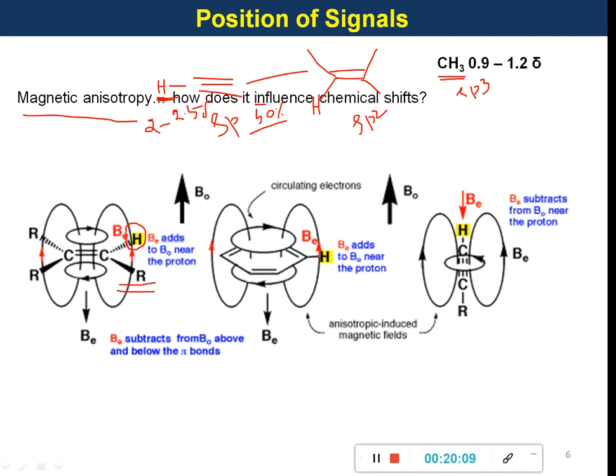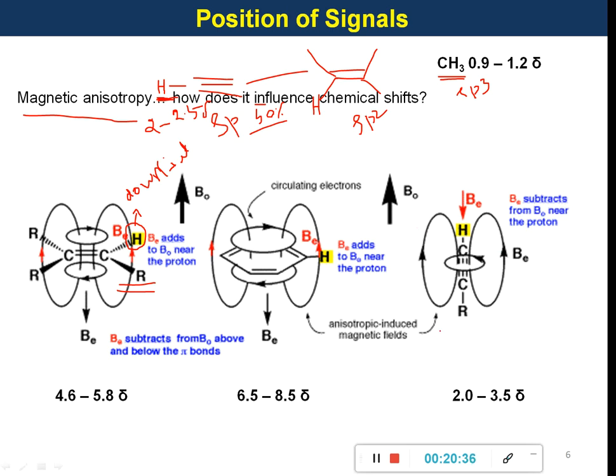Hence, the protons will feel greater field strength and resonate at a lower applied magnetic field, that is downfield. It's observed at 4.6 to 5.8 delta.